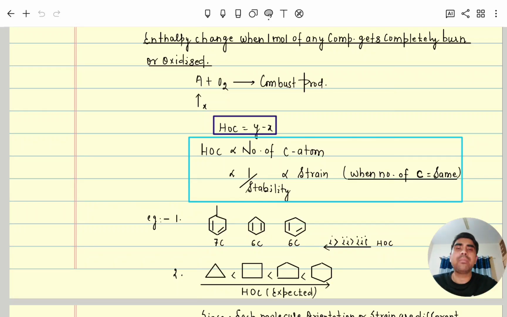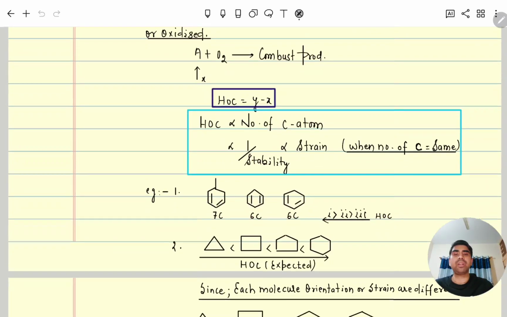What does this mean? Suppose this compound is less stable. If it is less stable, it is highly reactive. If it is highly reactive, less ignition temperature is required, so the X value is less. So overall Y minus X will be greater, so heat of combustion also will be greater.